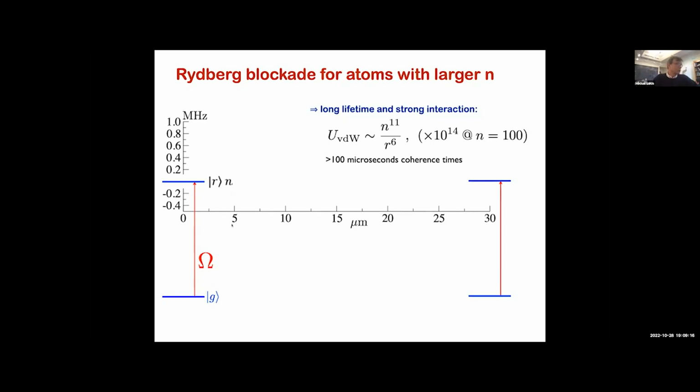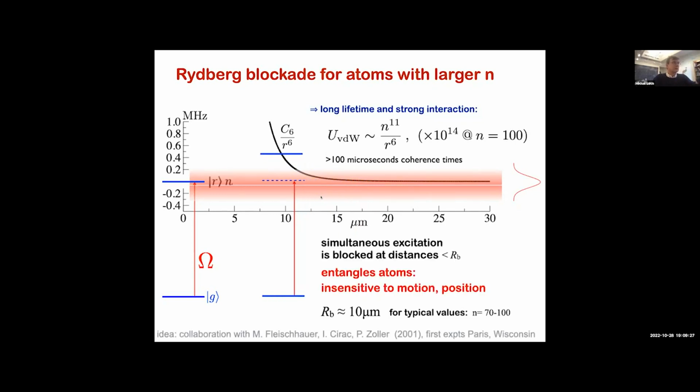But if you now bring these atoms together, at some point this Rydberg interaction will take over and become very large. At this point, you will be able to excite one atom, either of these two atoms, but never both. This is the essence of Rydberg blockade. Simultaneous excitation will be blocked at distances smaller than this blockade radius.